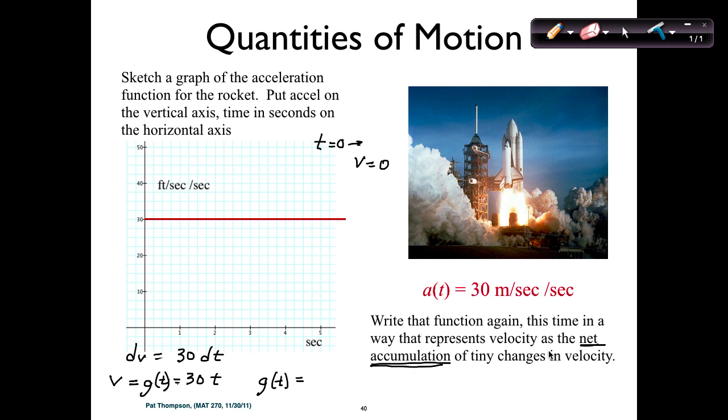The first hint is the way you're going to write this function is as the net accumulation of tiny changes in velocity. The second hint is we've been doing this all semester. Okay, go. So hopefully we all can do this. We're going to rewrite this function g of t that we know is 30t, but this time as the net accumulation of tiny changes in velocity. Similar to what we've been doing all semester.